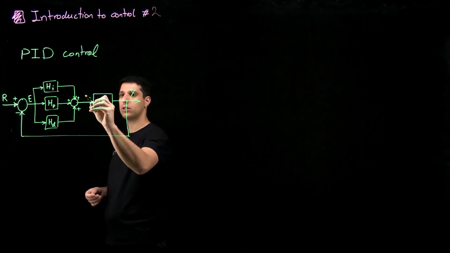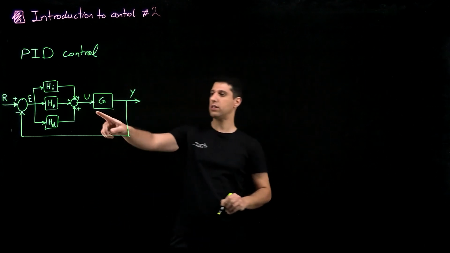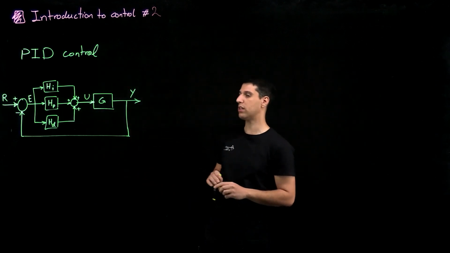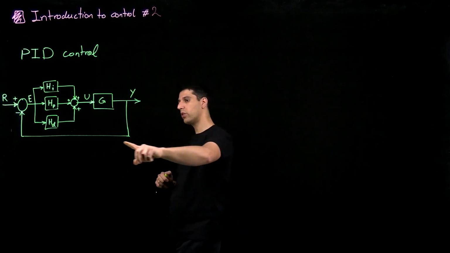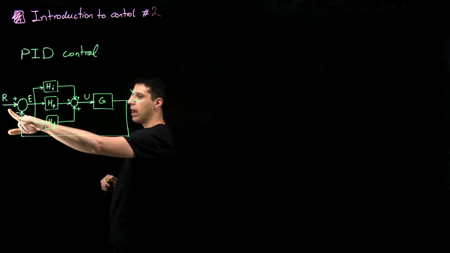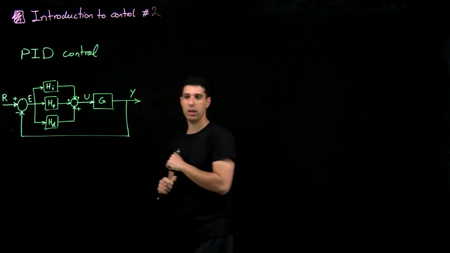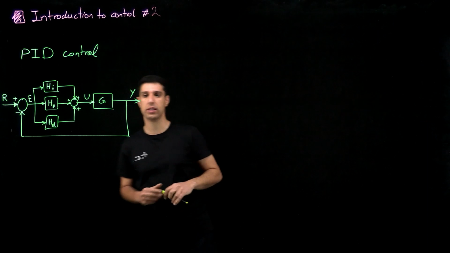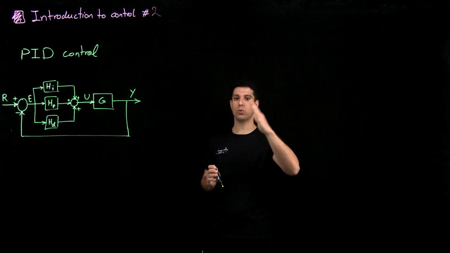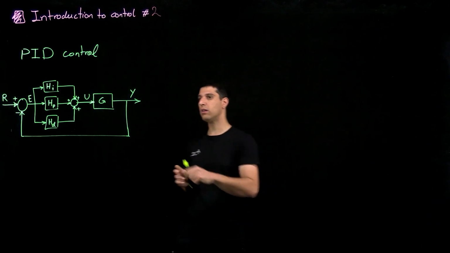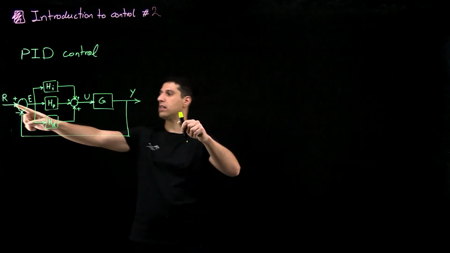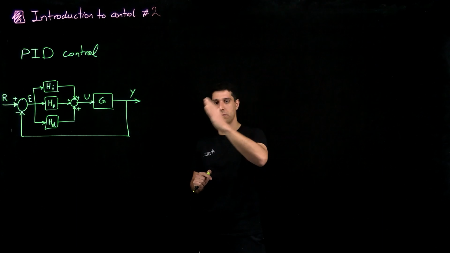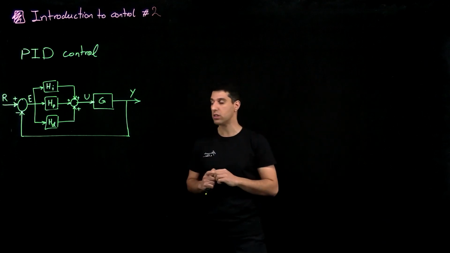I have the system, it receives the input U and gives you output Y. You can create a feedback and compare the output of the system with a reference signal. For instance, in the pendulum example, the output was the actual angle of the pendulum, and this reference would be the desired position that I want my system to go to.